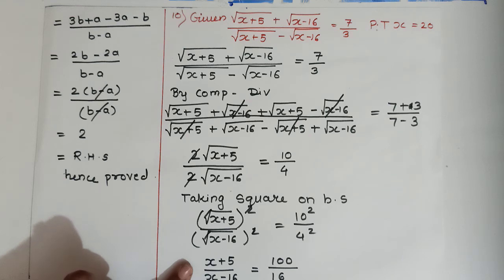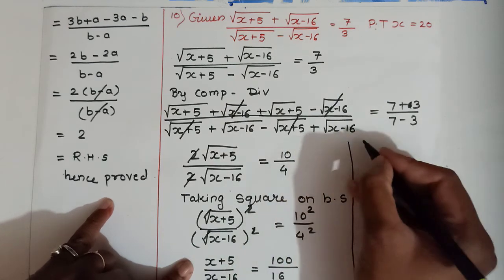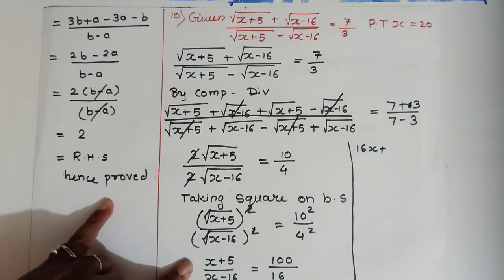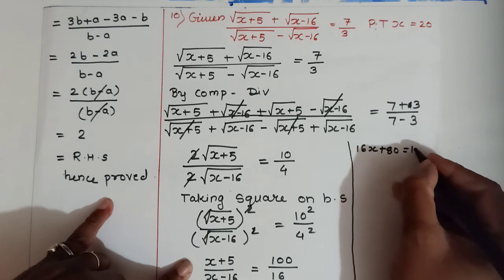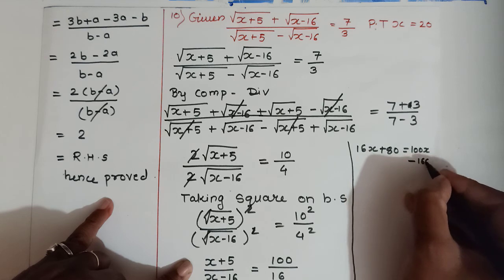So I will just cross multiply and solve it. 16 into x, 16x, plus 16 into 5, which is 80, equals 100x minus 1600.